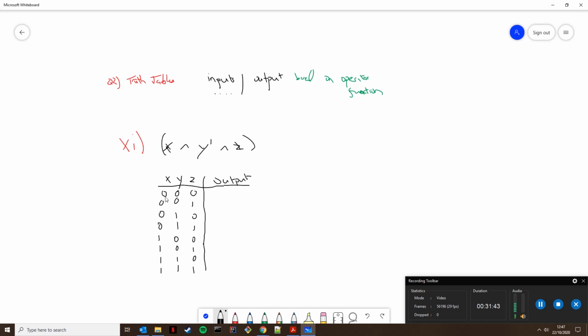That's just a quick way of creating the binary tables. The inside variable will always be 0, 1, 0, 1, 0, 1. The next one will always be 0, 0, 1, 1, 0, 0, 1, 1 for however many inputs are available. And the one after that will be 0, 0, 0, 0, 1, 1, 1, 1. And if you had another variable here, you'll have 8 zeros and then 8 ones, and then just continue these. It goes up in powers of 2. So if you have another one, it'll be 16 zeros, 16 ones, etc. And you'll notice that 0, 0, 0 actually doesn't change the values of y and z.